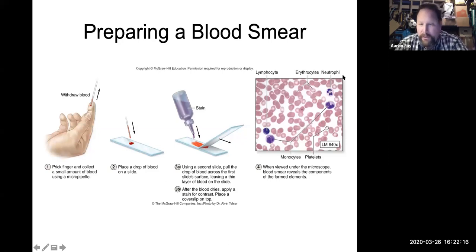So when you look at a stain like this, if it's a Wright stain or Giemsa stain, you can see that a chemical has been added because in the white cells you can see the nucleus. The steps of how exactly you do this, don't worry about it. But when you look at a slide like that, the purple cells are really white cells, because if you didn't stain them, they wouldn't have any color. They'd be white. Okay. I think I've made that clear.